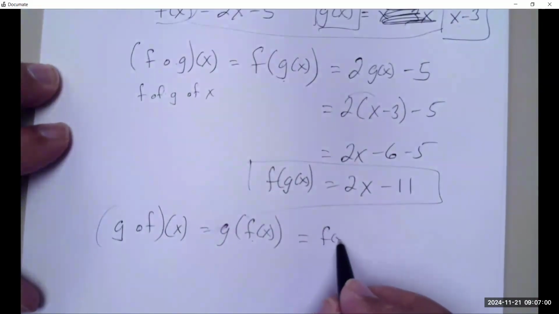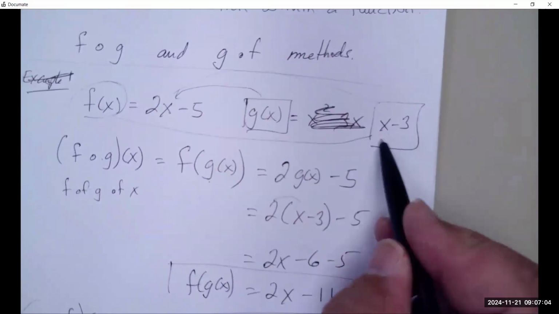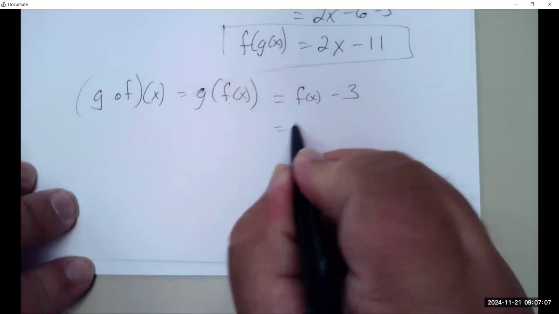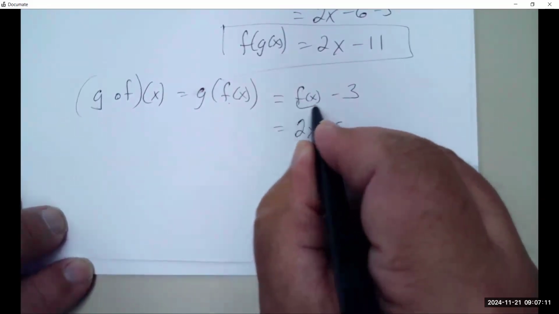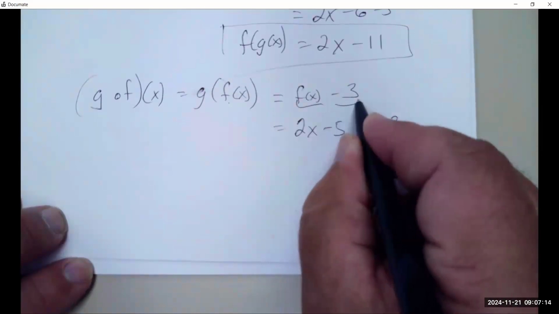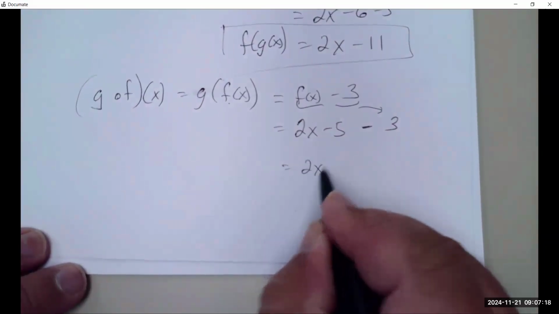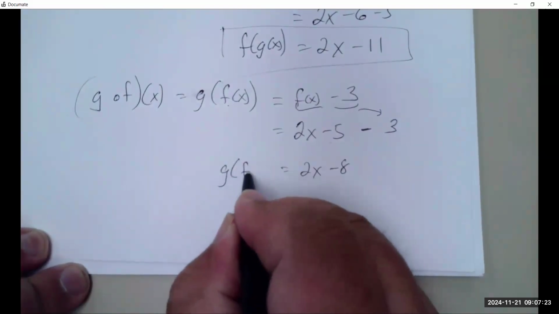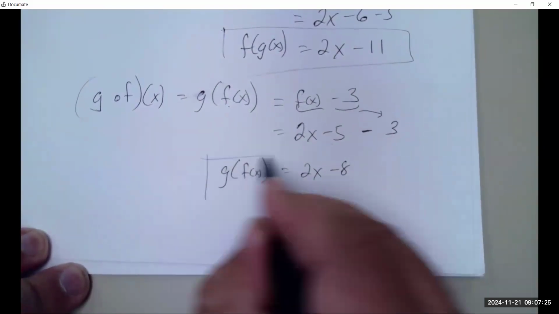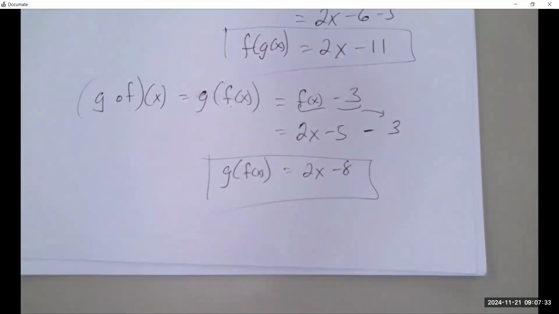So it's f of x minus 3, anywhere I see an x in my g function. But what is f of x? 2x minus 5. That's 2x minus 5 minus 3. Don't forget that part. Negative 5, negative 3 is negative 8. So that is my Gof. It's just how you interpret what it's saying.